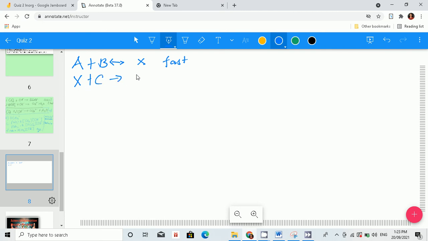This yields Y. And then we use Y as our reactant, which yields D. So the second step is slow, and the third step is fast.